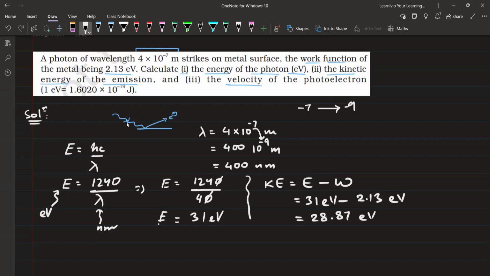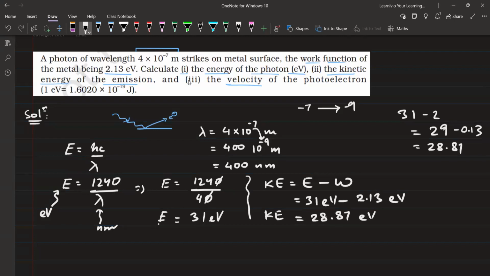I didn't understand. Look, first we subtracted 2 from 31, that is equal to 29. Then what will we subtract? 0.13. So this will be equal to 28.87. Okay, sir, got it. You were saying 29, no? It will not be 29 point something because it is more than 2.2. 28.87 is the kinetic energy.